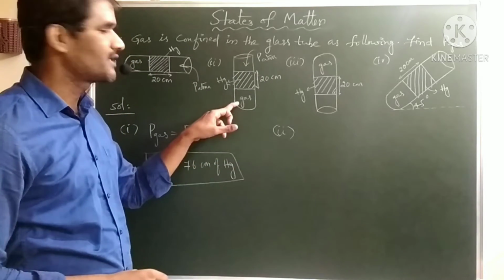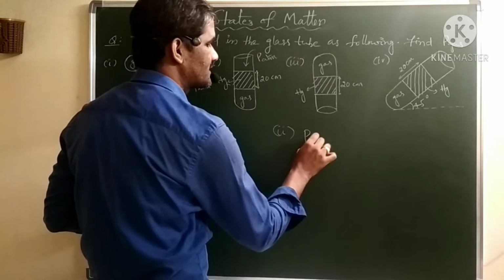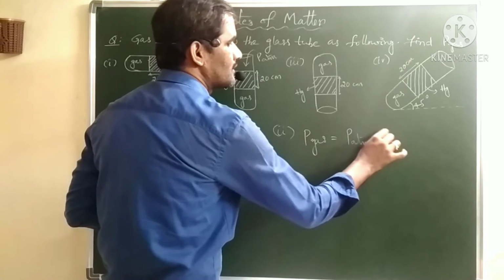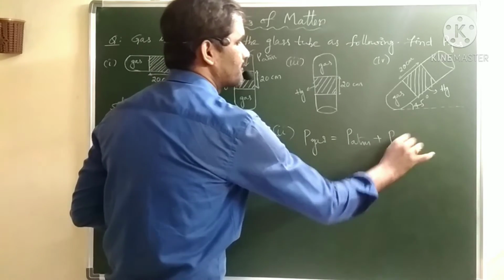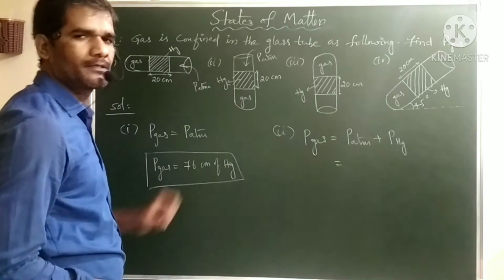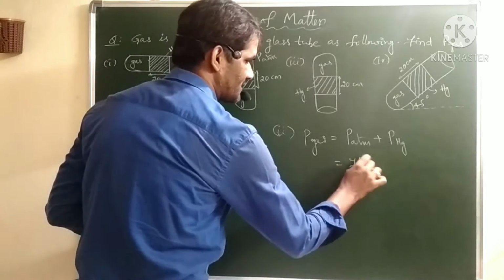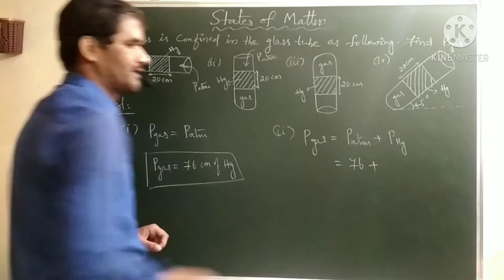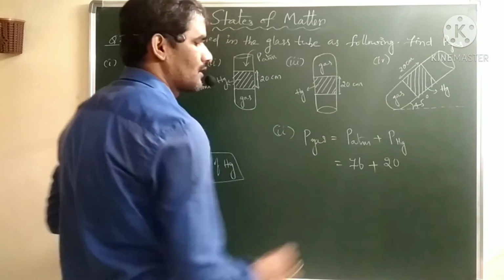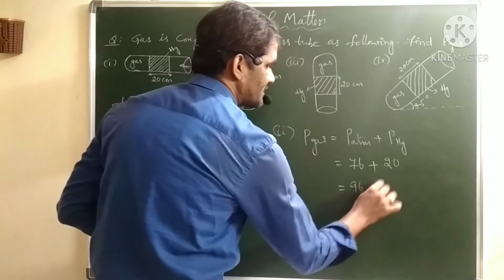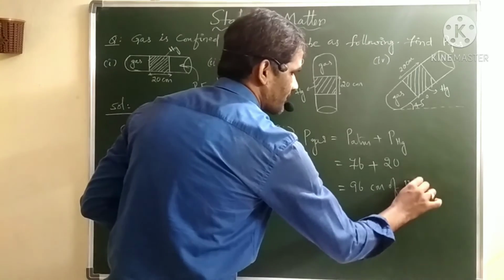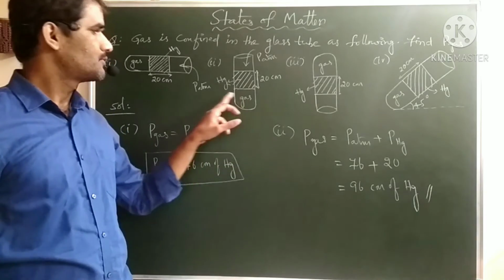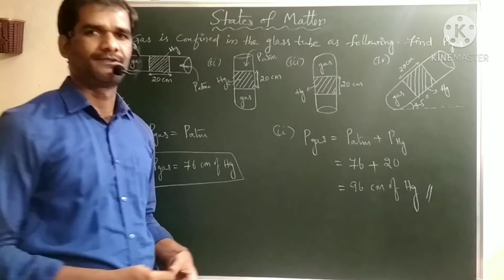So the pressure of the gas is equal to the atmospheric pressure plus the pressure of mercury. Atmospheric pressure is 76 centimeters, and the pressure of mercury is 20 centimeters. Overall we get 96 centimeters of Hg. So the pressure of the gas in glass tube 2 is 96 centimeters of Hg.